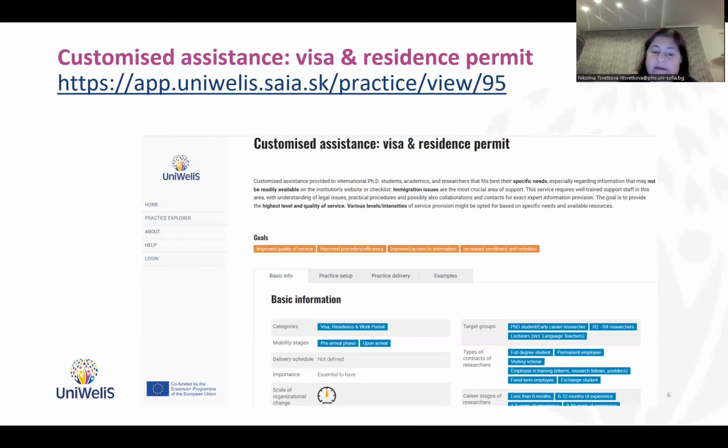This service requires well-trained support staff in the area with understanding of legal issues, of practical procedures, and possibly also collaborations and contacts for exact expert information provision. The aim is to provide the highest level and quality of service. Various levels or intensities of service provision might be opted for based on specific needs and available resources.